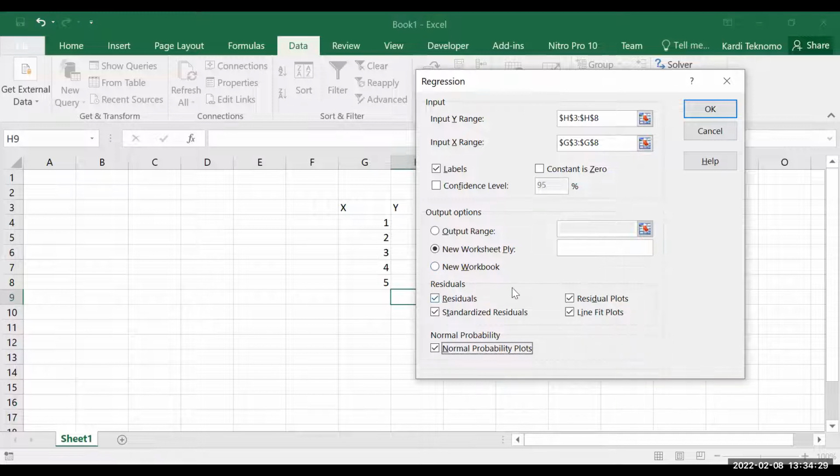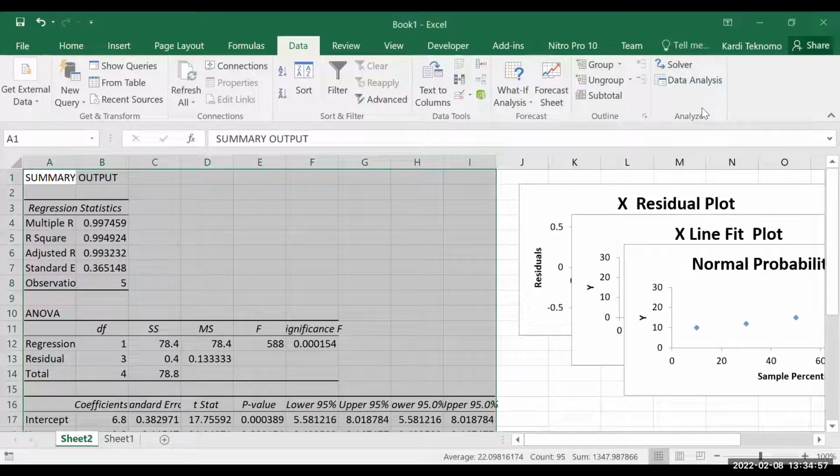Because this is used to check the assumptions: linearity, normal distribution, and constant variance. So click OK.